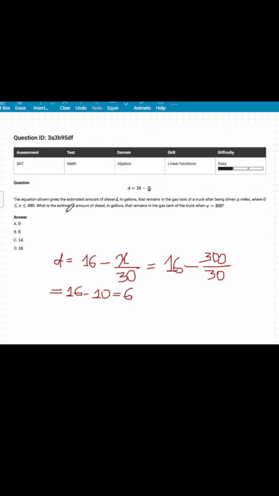We are asked what the estimated amount of diesel left in the tank is, so that should be 6 gallons. So B is the correct answer.